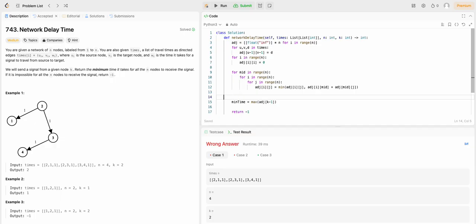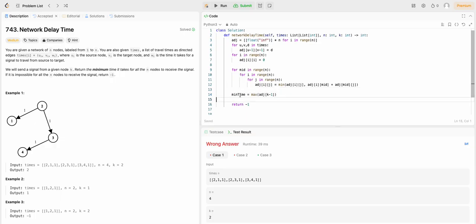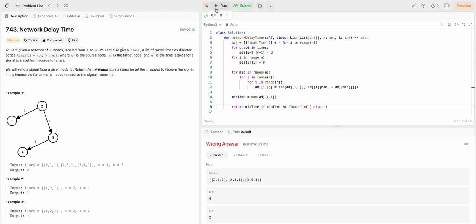If the minimum time has a value of infinity, I'm going to return the minimum time only if it doesn't have the value of infinity, else I'm going to return -1. So that should work.